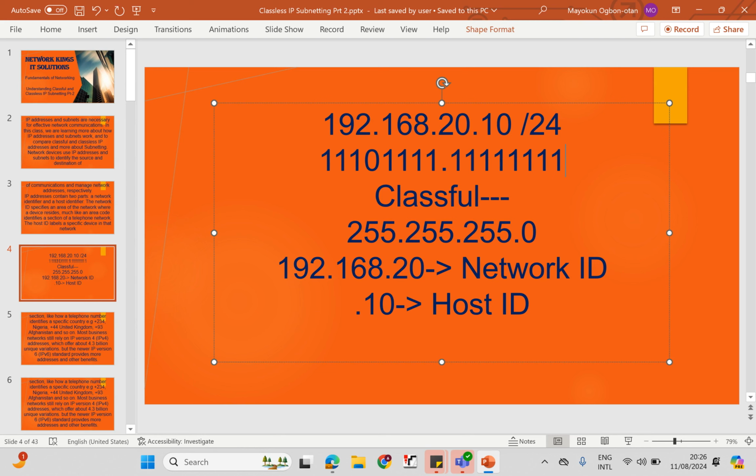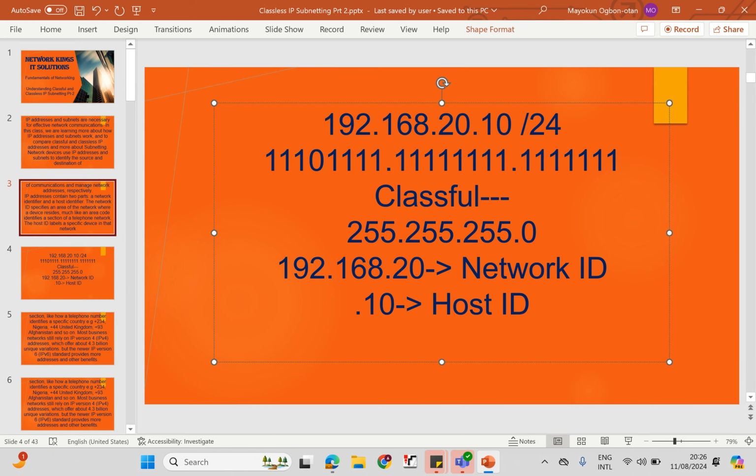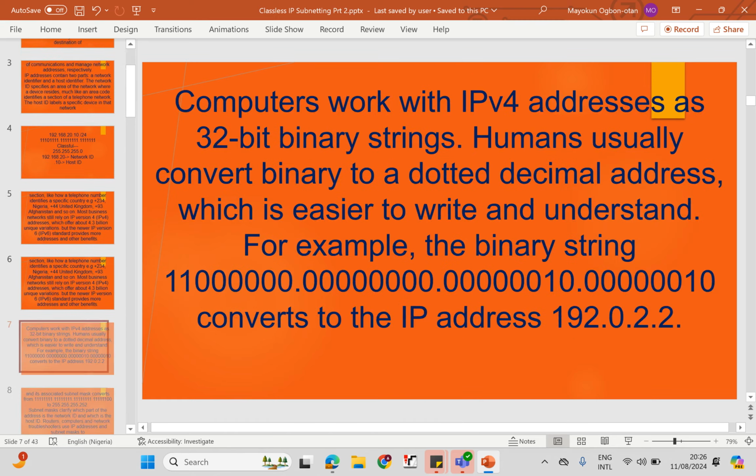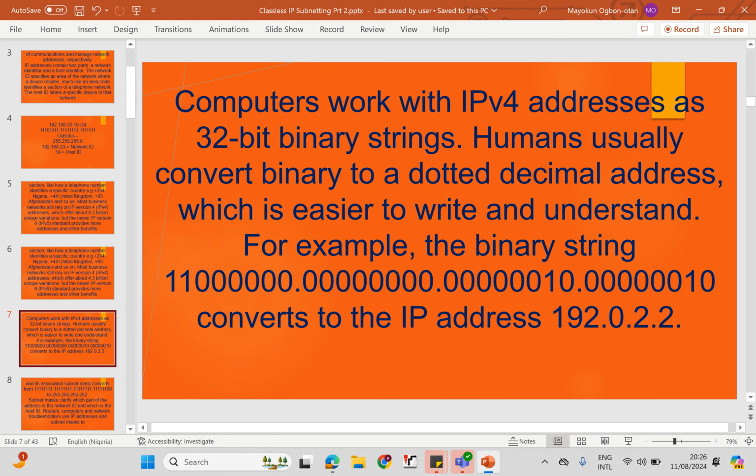This is the way the computer can understand whatever this IP is talking about. So that is where we said it's a 32-bit binary string.